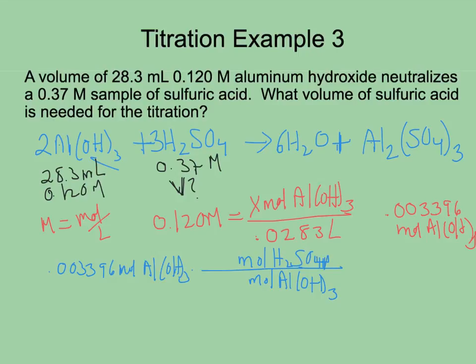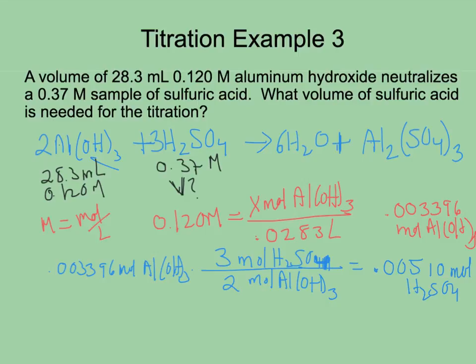From the molar ratio from the equation, I know that there's 3 moles of H2SO4 for every 2 moles of aluminum hydroxide. So that equals 0.00510 moles of H2SO4.